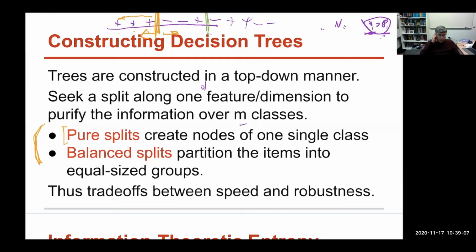If we have a split here, the number of examples is roughly the same on each side. That's going to be balanced. We like balanced splits because they're going to lead to fast decision trees. We like pure splits because they're going to lead to accurate decision trees. And basically, we have a trade-off here. Any questions?